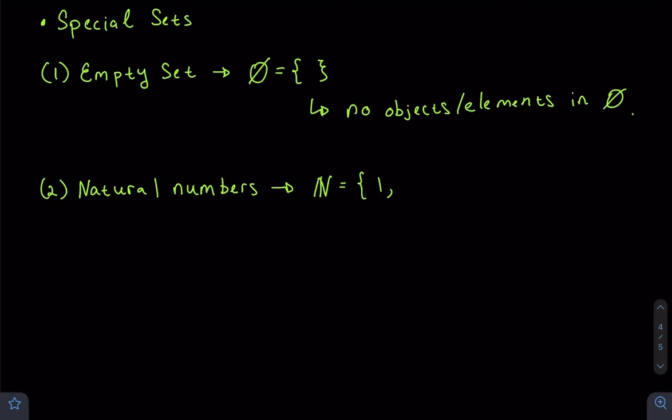So the next number will be 2, then adding 1 to 2 you get 3, and then 4, and then 5, 6, and you could go on up to positive infinity just by adding 1 to the previous number that you get. And this is the set of natural numbers.